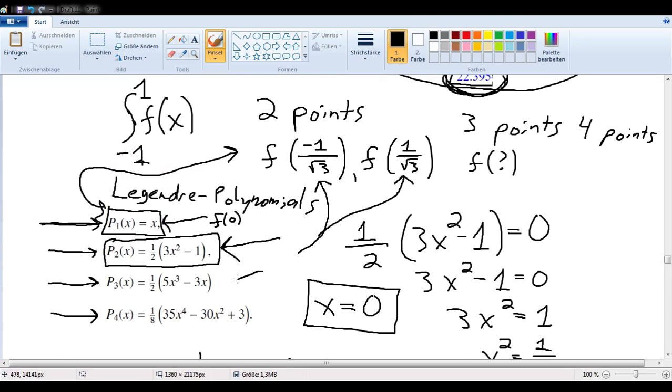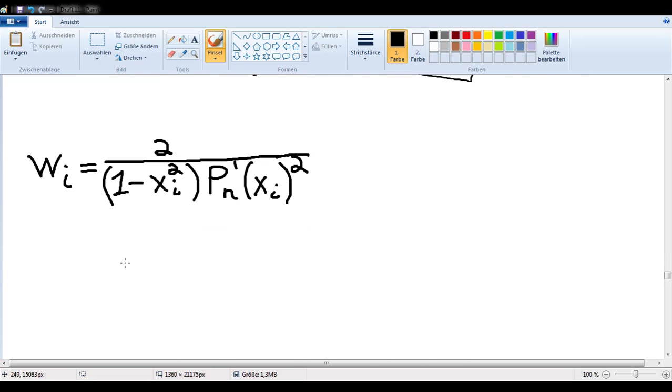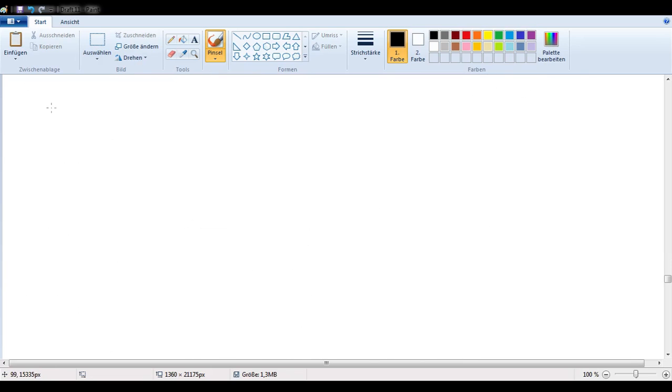Now, if you look at these, you see P1, P2, P3, P4, and you wonder, is there a P5? Well, yes, there is a P5, and you wonder, how could I figure it out? There is a formula for that, and it was thought up by a guy named Rodrigues.